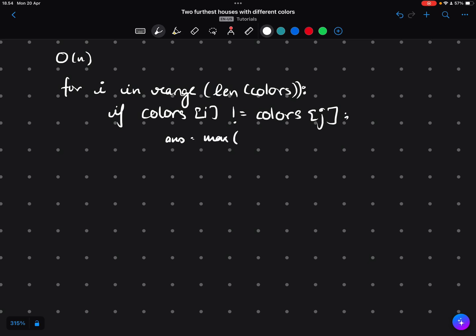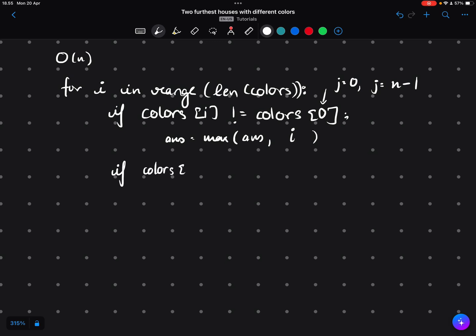So answer in this case would simply be the maximum. Colors j actually would be 0. Sorry. So yeah, like I said, j is 0, and j can also be n minus 1. I'll show you what I mean. Answer, and the difference between i minus 0 is just i, so you could write it as i, there's no issues.